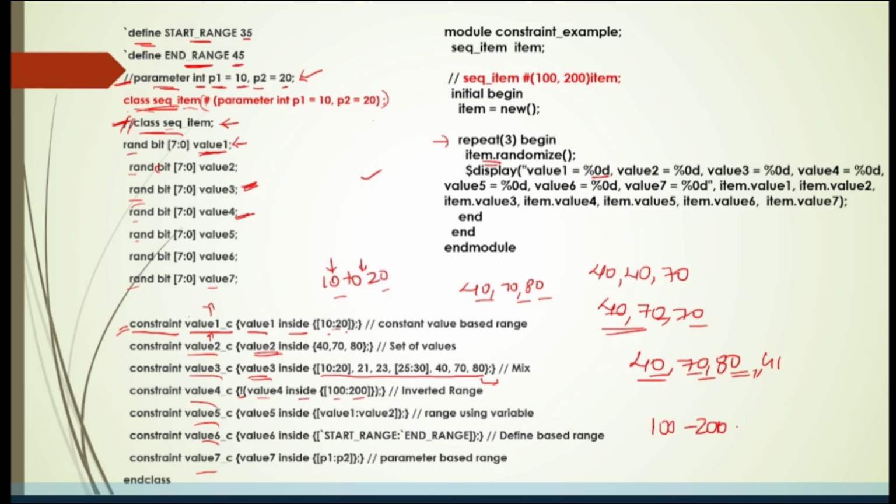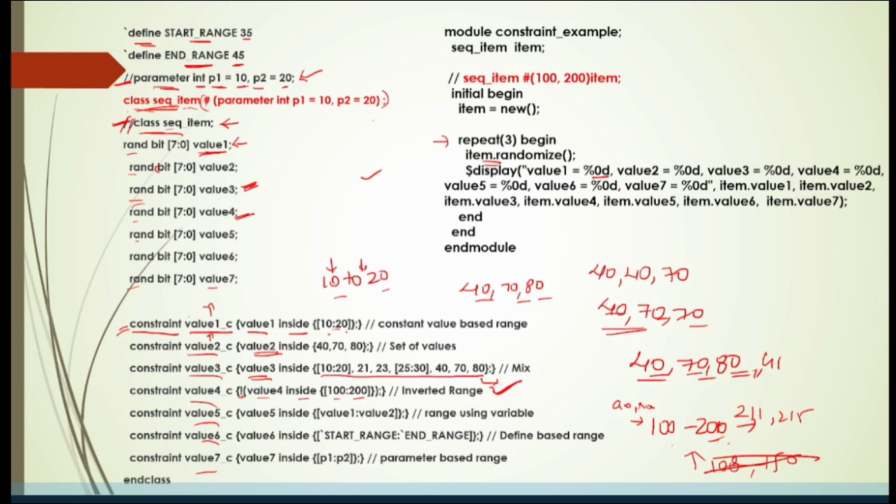That means you can get output values which are below 100, like 90, 99, and which are above 200, like 211, 215. But you can't expect values between 100 and 200, like 108, 150.